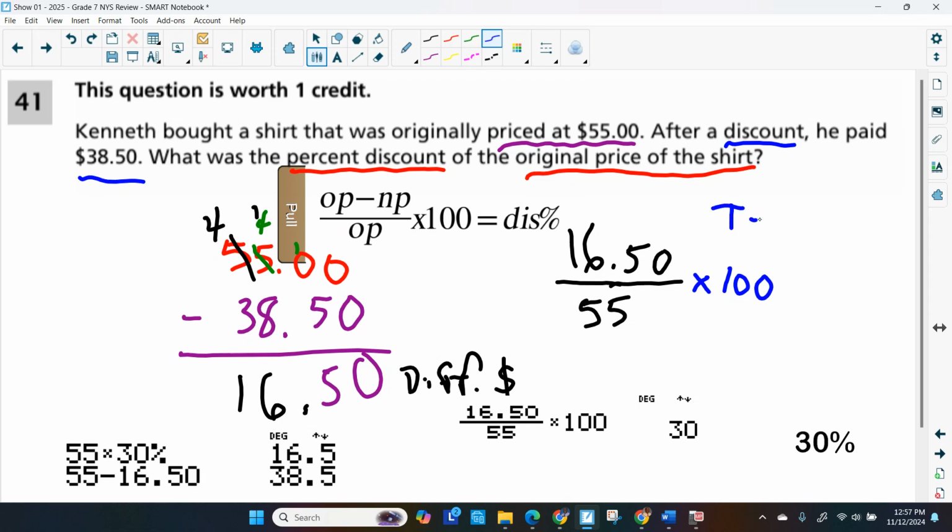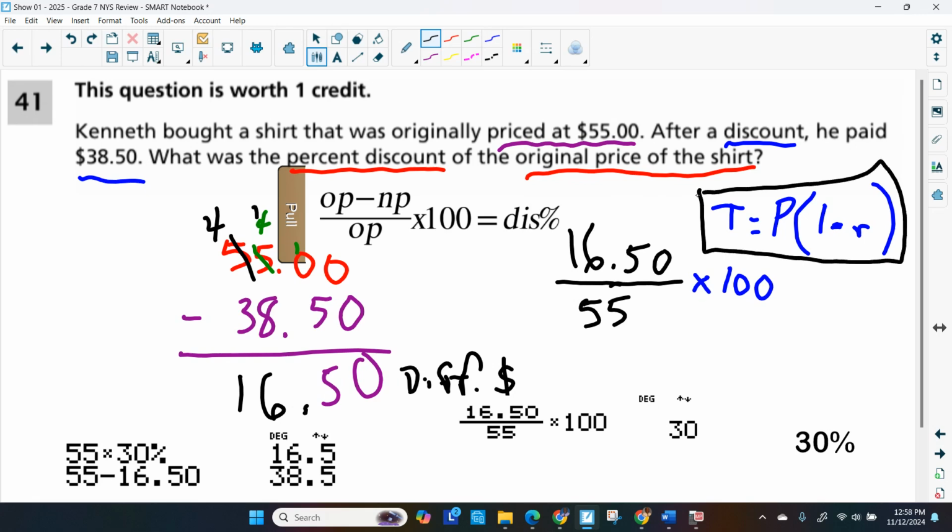T equals P parenthesis 1 minus R. So if you have time, check out my video on using that formula for finding the discount using those formulas.